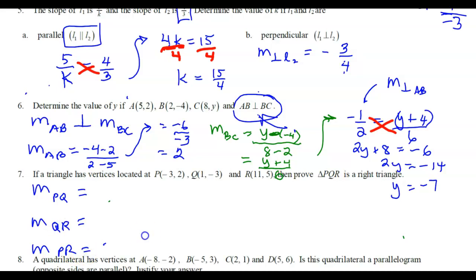Okay, so you do that, and then you're going to compare them and see, are any of them negative reciprocals of each other? So you do that right now. Yep, find it.